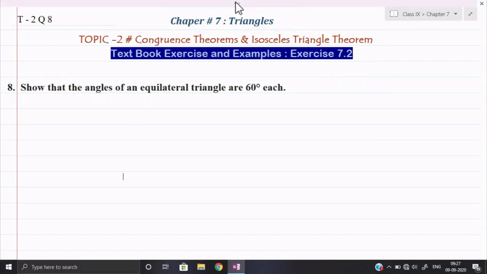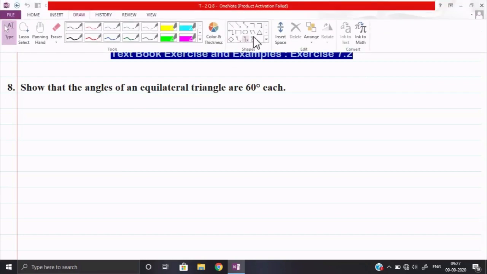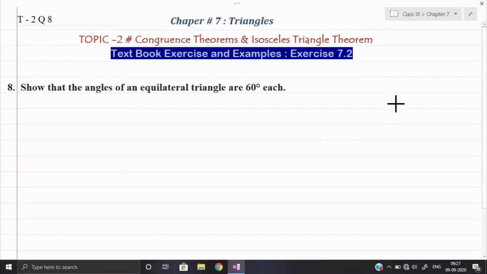By supposing all the sides equal, we need to prove all the angles will be equal to 60 degree. First of all, I will draw one triangle over here. Suppose I give the name PQR. So this point is P, this is Q, and this one is R.